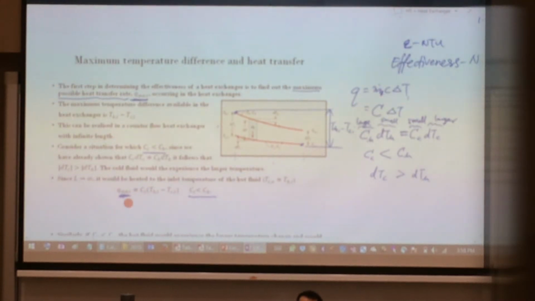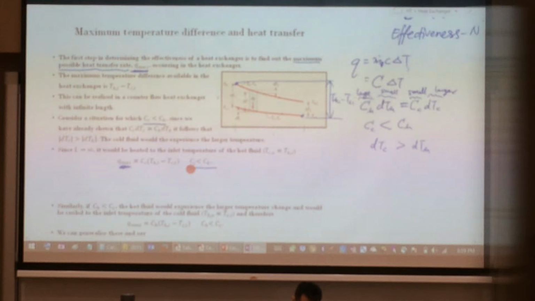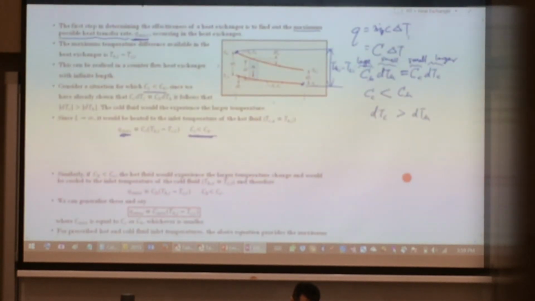So it kind of makes sense here. This is the maximum amount of heat that is transferable from your hot fluid to your cold fluid. Qmax must be equal to Cc multiplied by this huge temperature difference. That is for the case when Cc is lesser than Ch.